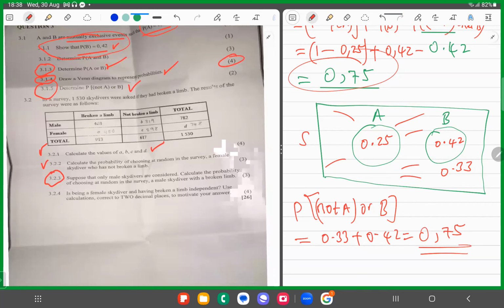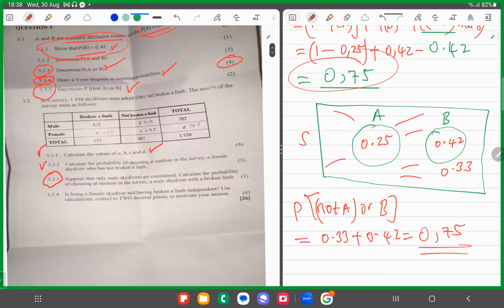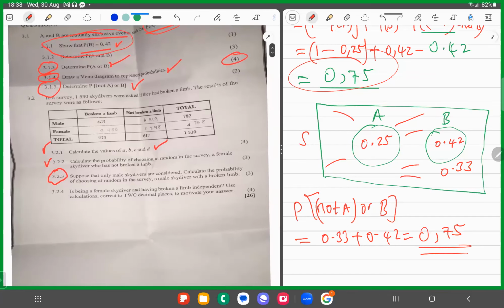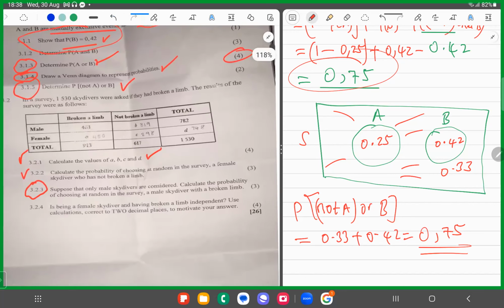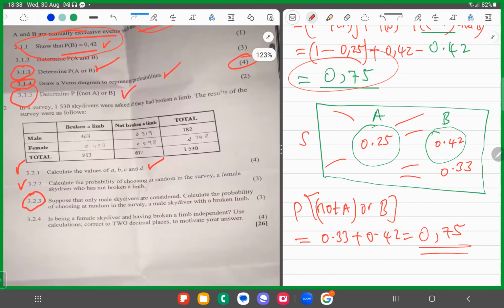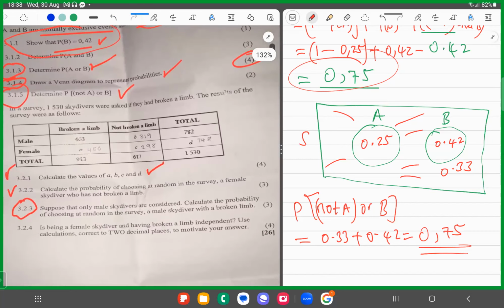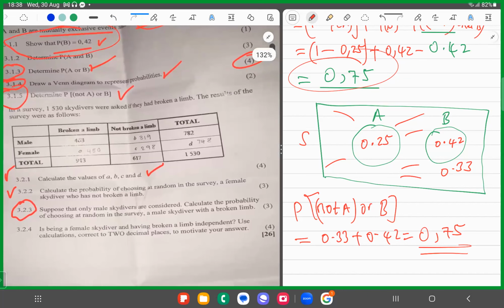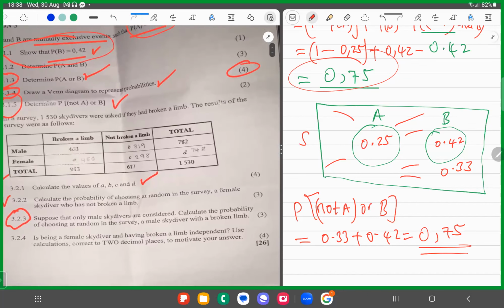Suppose that only male skydivers are considered, calculate the probability of choosing at random in the survey a male skydiver with a broken limb.